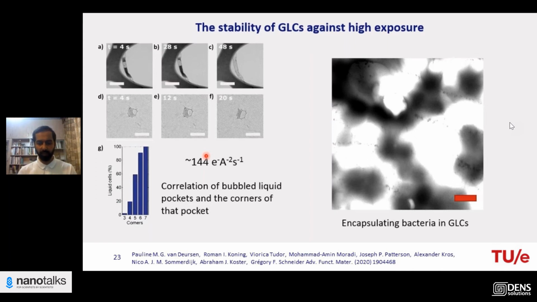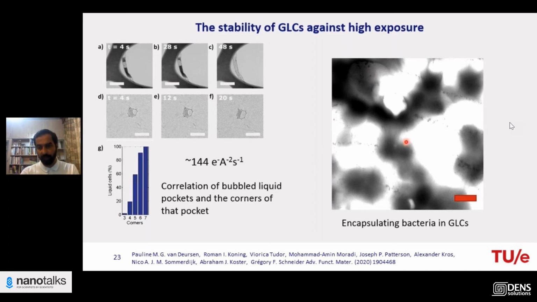We have put some Nanotalks bacteria in between two graphene layers, and you can see the huge, in that scale, oceans of water around the Nanotalks radiodurans, which are the resistive bacteria against any kind of radiation.